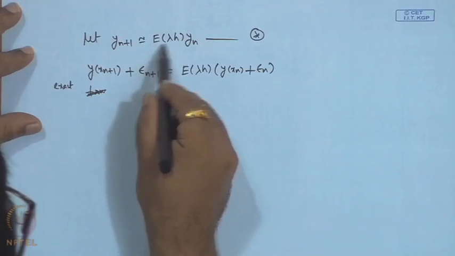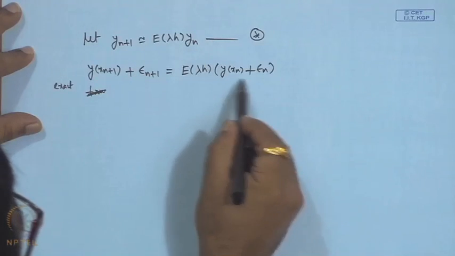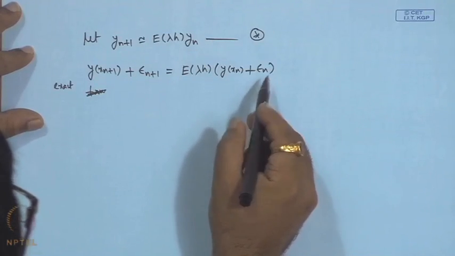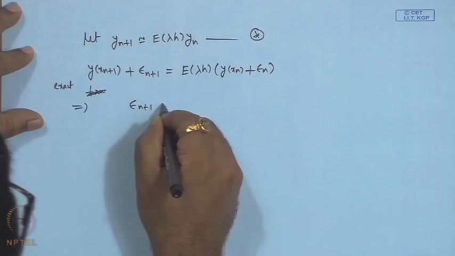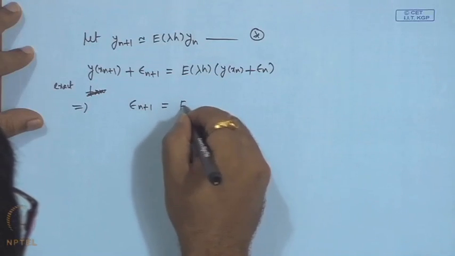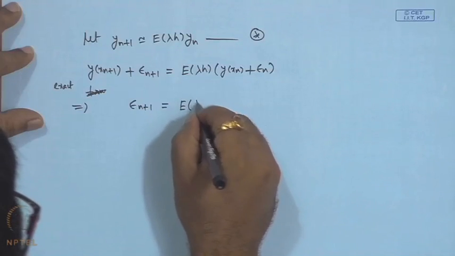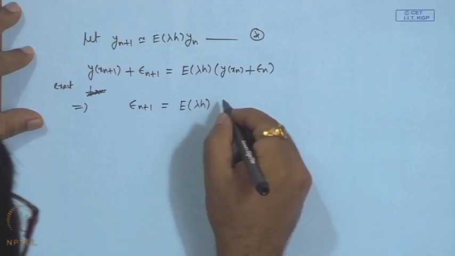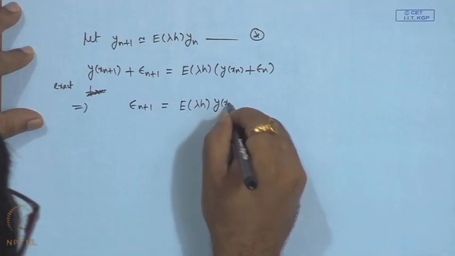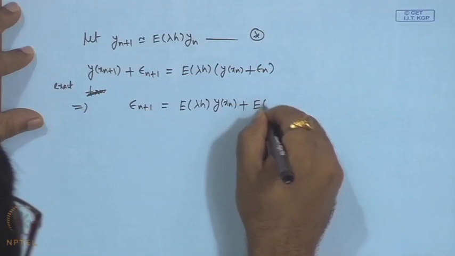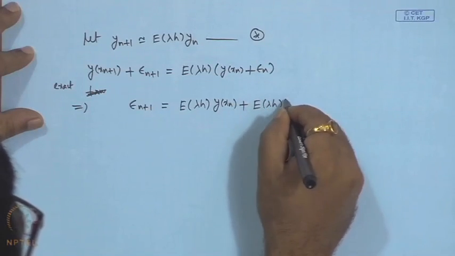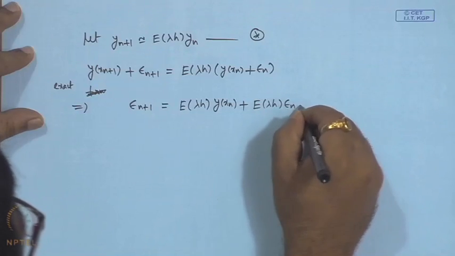Then we have this approximation, then y n is y of x n plus epsilon n. So, this implies lambda h y of x n epsilon n.